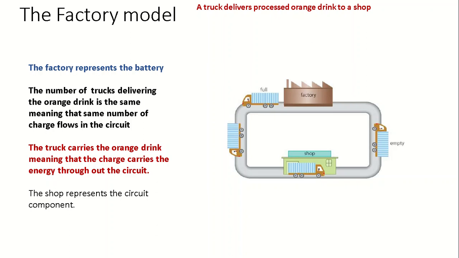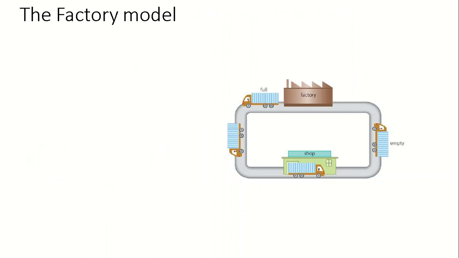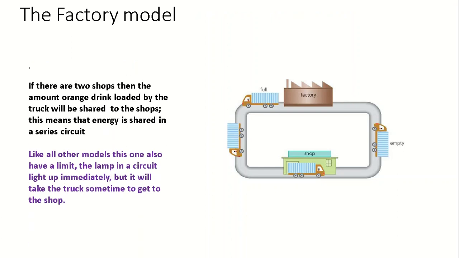The truck carries the orange drink, meaning that the charge transports or transfers the energy. If there are 2 shops, then the amount of orange drink loaded by the truck will be shared between the shops. This means that energy is shared in a series circuit if you have more than one component.